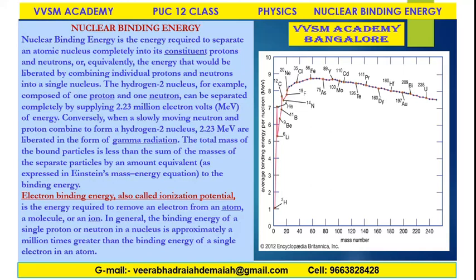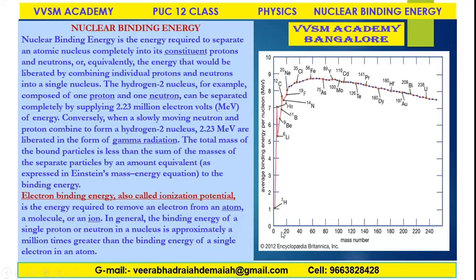Electron binding energy is also called ionization potential, because it is the energy required to remove an electron from an atom, a molecule or an ion. In general, the binding energy of a single proton or neutron in a nucleus is approximately 1,000,000 times greater than the binding energy of a single electron in an atom.